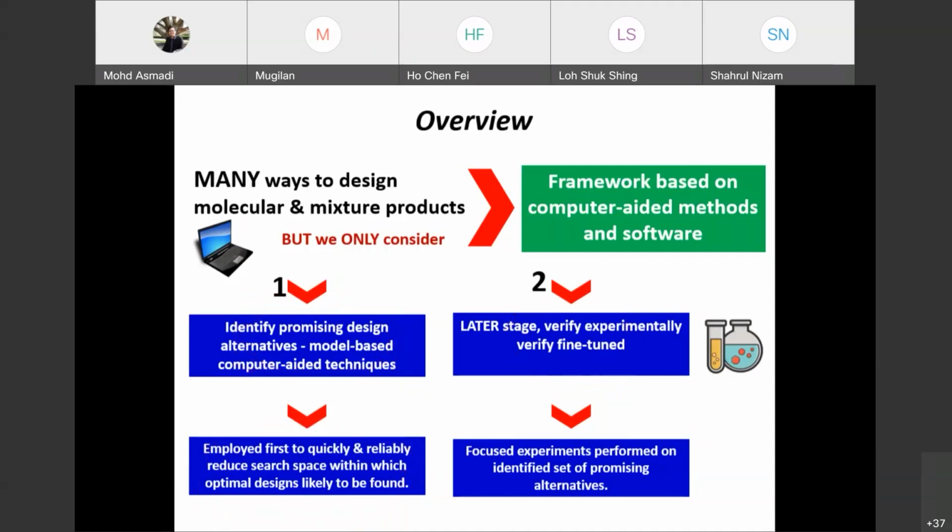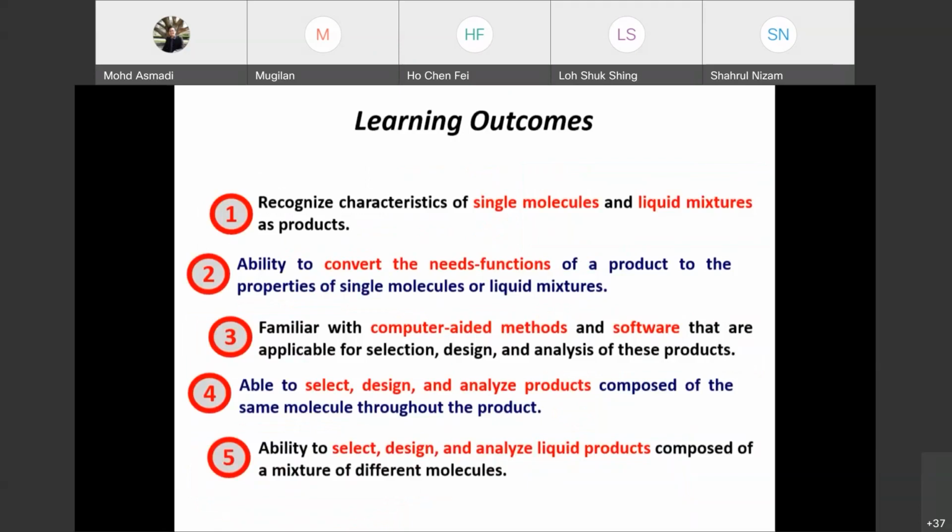From this, the objective or learning outcomes for this course: first, I hope that we can know the characteristics or properties of a single molecule and liquid mixture as a product, so we can convert the needs function of the product to the properties of single molecules or liquid mixtures. For example, if your need function is that it can smooth easily on your skin and is not irritating, what is the property?